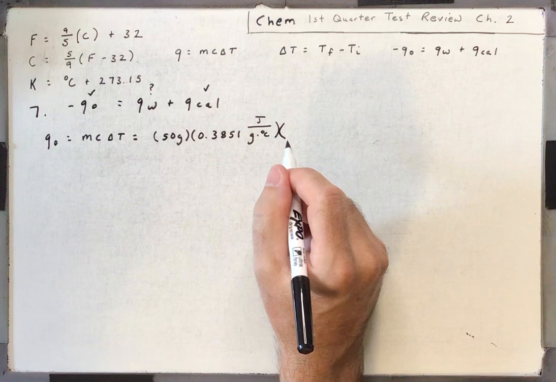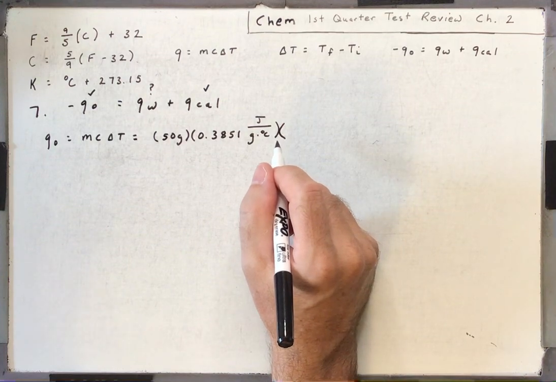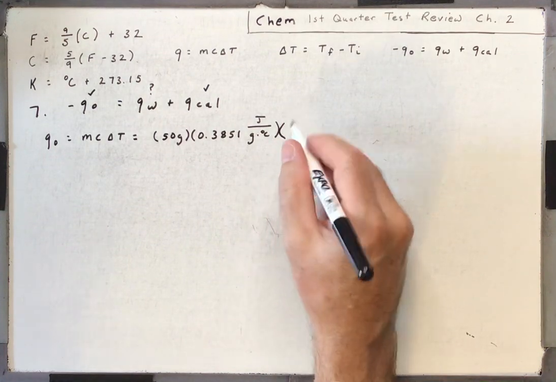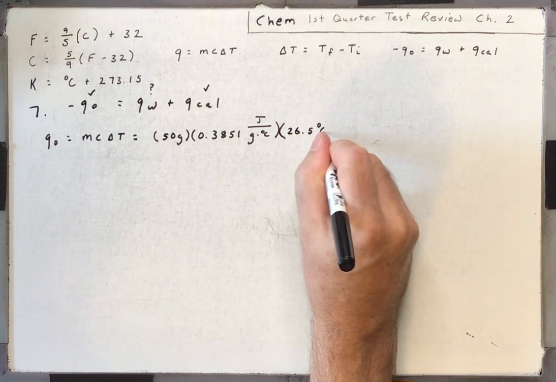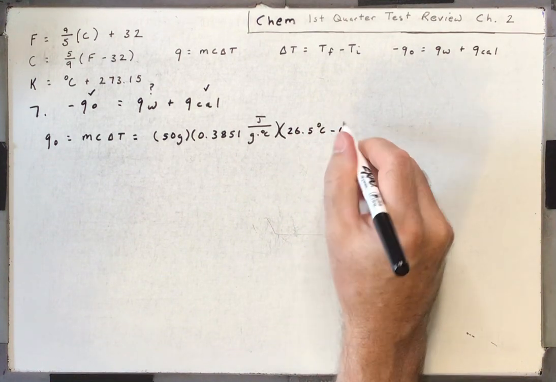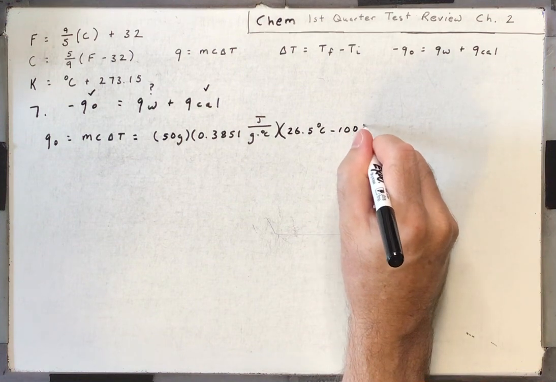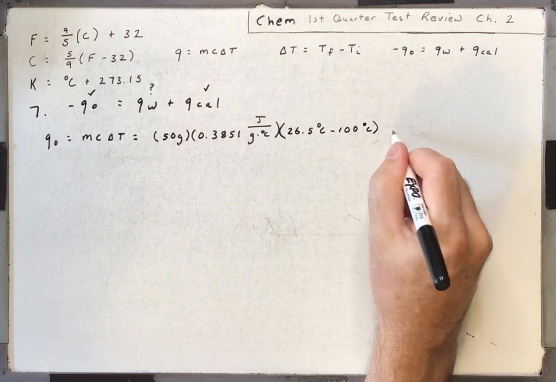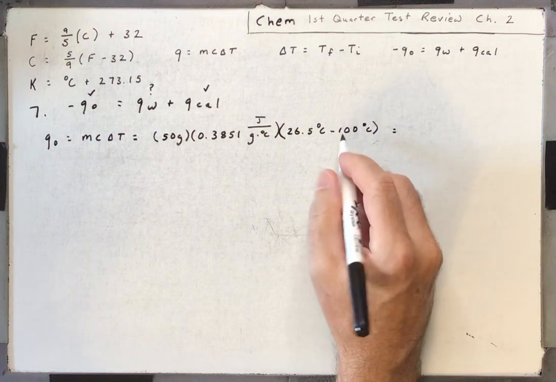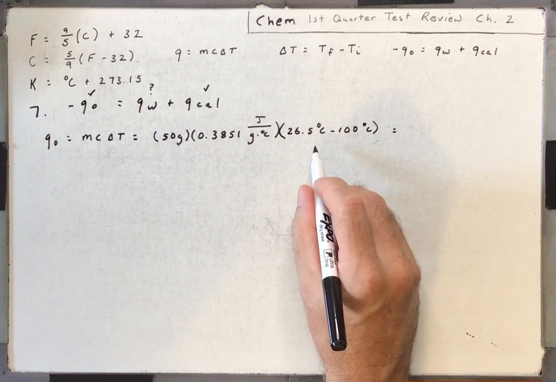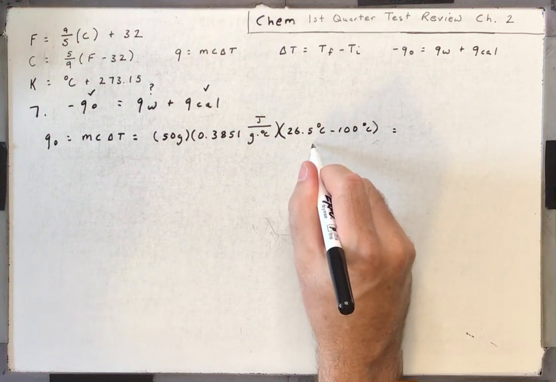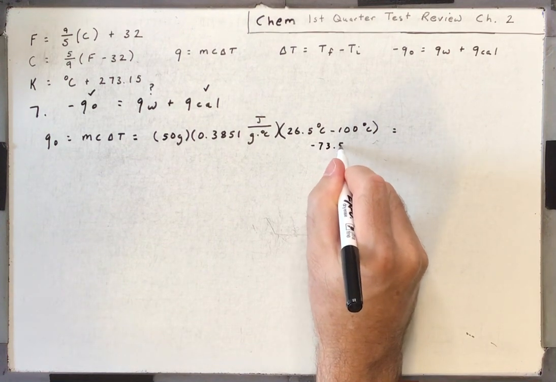So everything ended up at 26.5 degrees Celsius. That's the final temperature for everything. But the copper started out at 100. So that's going to be negative 73.5 degrees C.